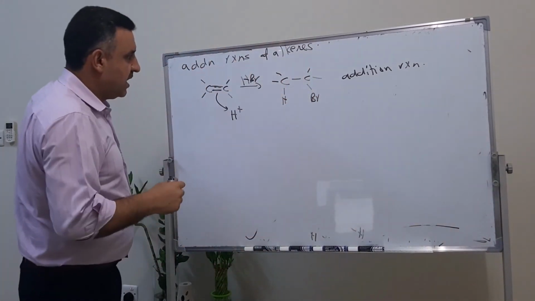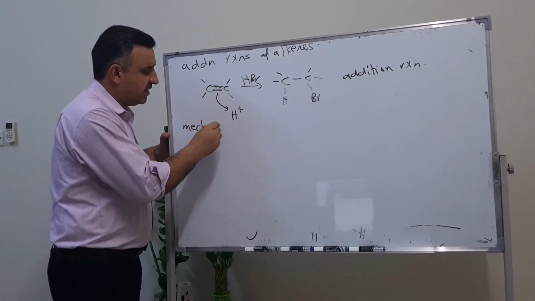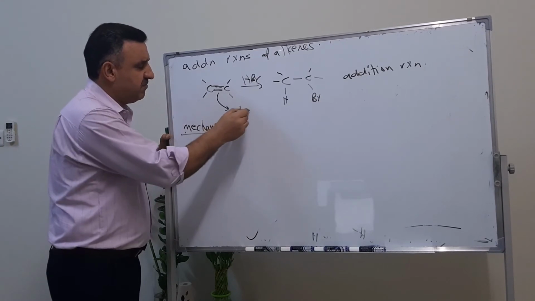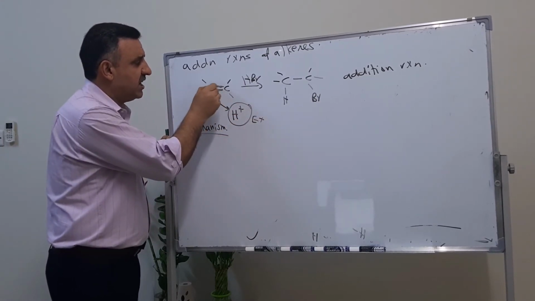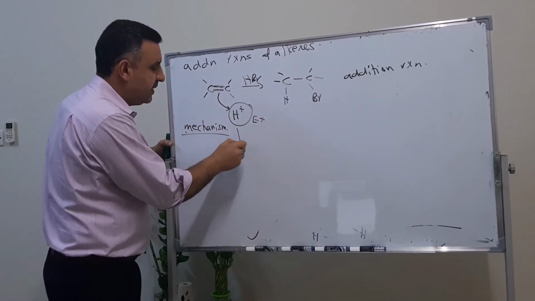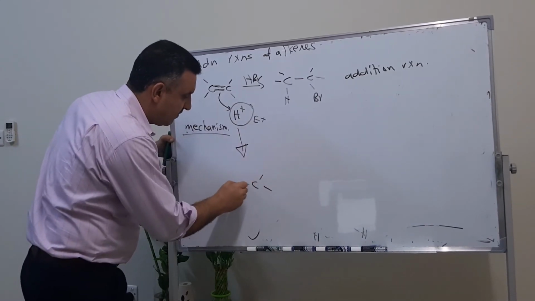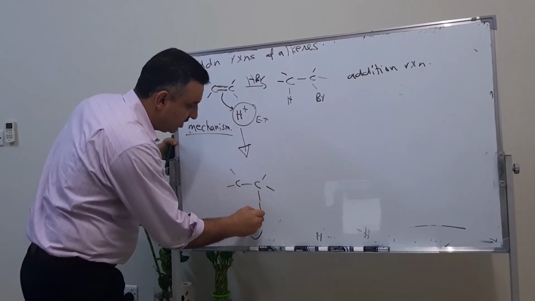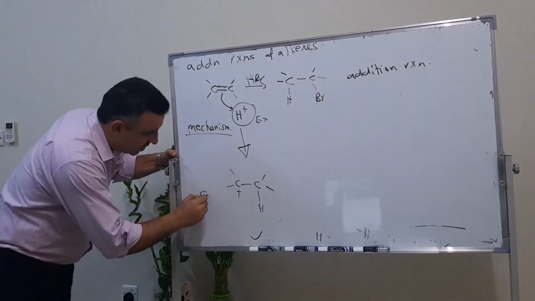Do you follow me? Now the mechanism of the reaction. The first step, as we said before, H plus is an electrophile. This here is like an electron-rich system. The pi electrons will be used to make a bond with the hydrogen. So therefore we will have carbon, carbon, H, and then this carbon will have a positive charge, a carbocation.